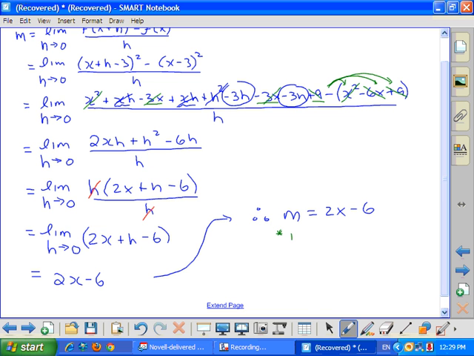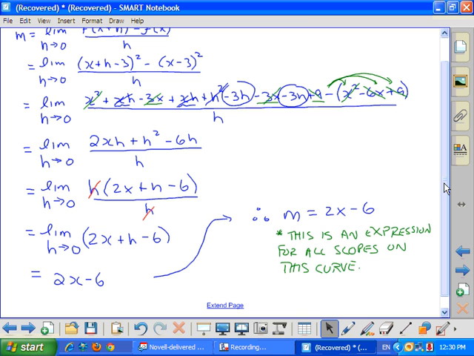And this is an expression for all slopes on this curve. So now if I have 7 points to find the slope for, I just have to plug in the x value each time to get that slope.